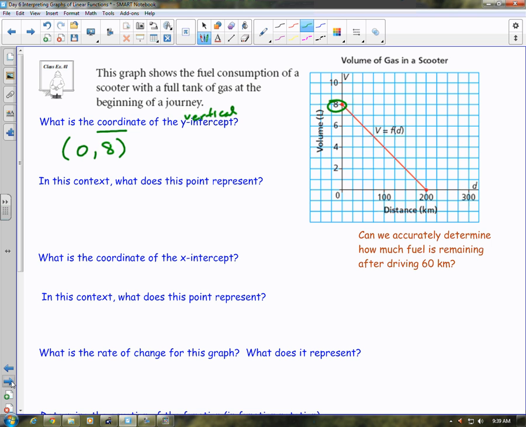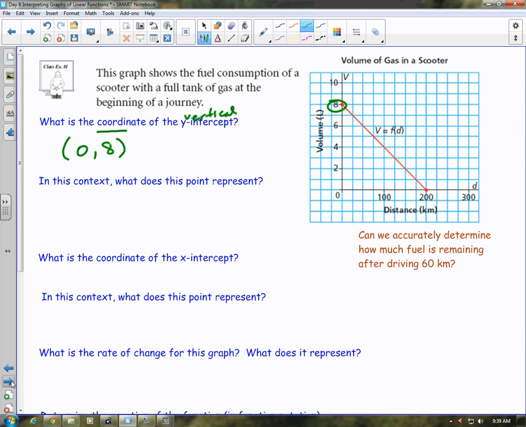So the y-intercept is 8 liters. But what does it represent? It's how much fuel is in the tank at the beginning of the journey, because the distance driven is 0. This is the amount of fuel that's in the tank at the beginning of the journey.